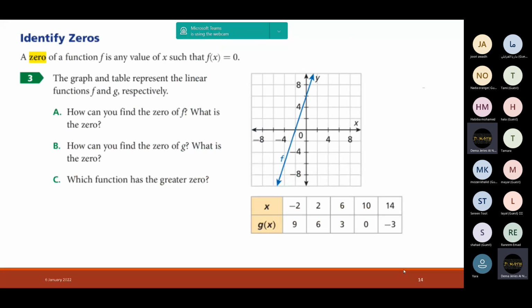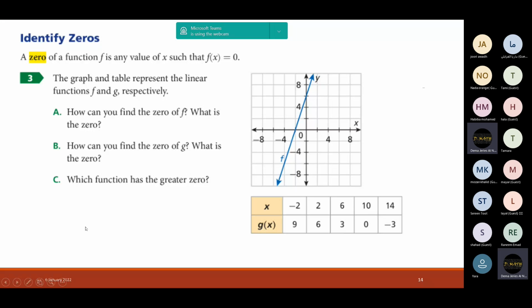And we talked about identifying the zeros. We said that a 0 of a function is any value of x such that f of x equals 0, or in other words, the x-intercept. So I'm asking, where are the values of x when f of x equals 0?